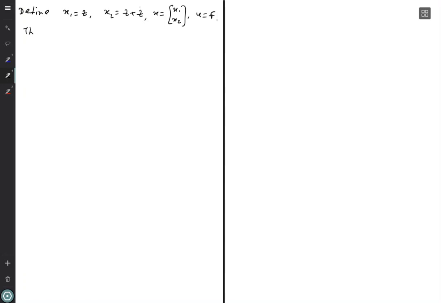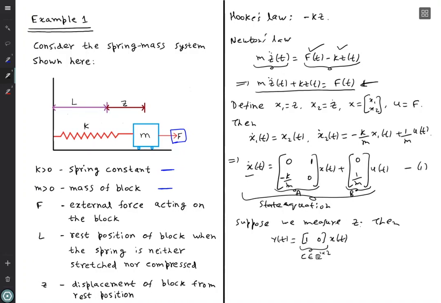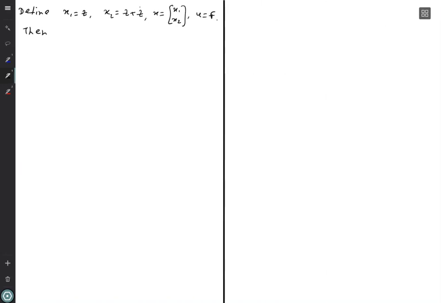Then using the procedure that we followed to derive the state equation 1, we get the state equation to be x dot of t is equal to [minus 1 1; minus k by m minus 1 1] x of t plus [0; 1 by m] u of t. Let me label this equation as 2.